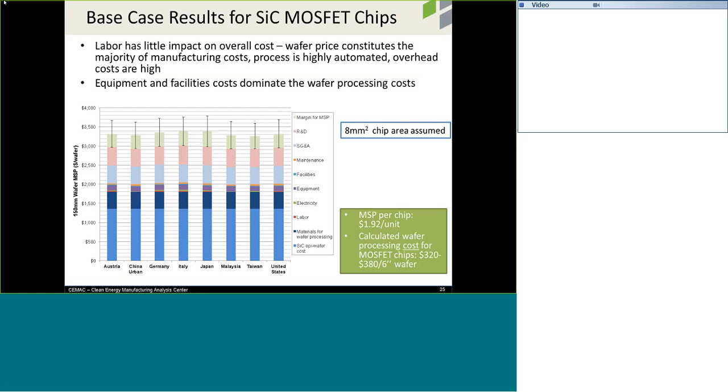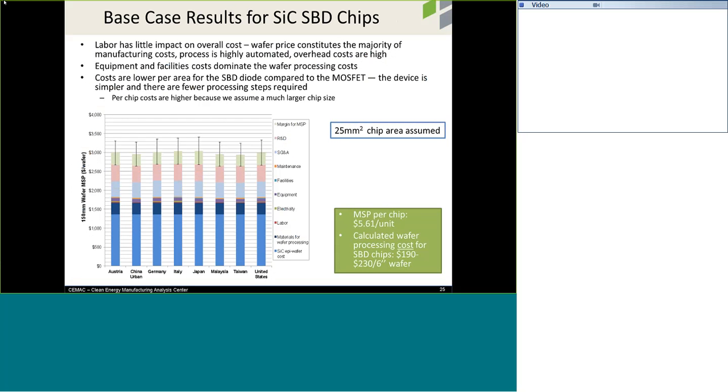The MOSFET is 8 millimeter squared area, and the diode is 25 millimeter squared area. Given that you're going to get fewer diodes from your wafer, it drives up the cost, even though your actual processing costs are lower for the diode than the MOSFET.